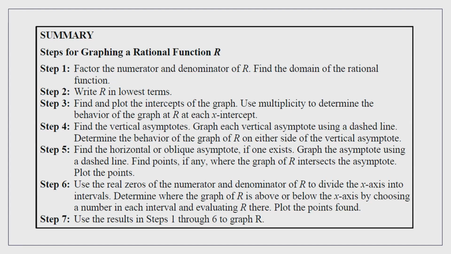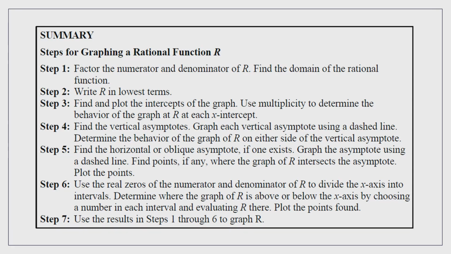Then you'll graph this asymptote using a dashed line as well. And then find points, if any, where the graph of r intersects with the asymptote. So you'll want to plot those points so you can make sure they're represented on your graph. Then step 6, you'll use the real zeros of the numerator and denominator that you've already found to divide your x-axis into intervals.